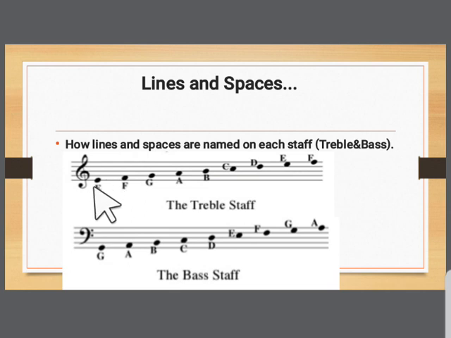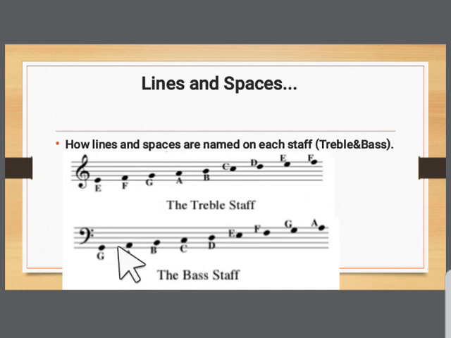The first line for the treble clef is E, and the first space above the first line will be F. Then it will continue on to G, then A, B, C, D, E, F. It will continue like that. Knowing the name of this first line will help you remember all the names for the other lines and the spaces.